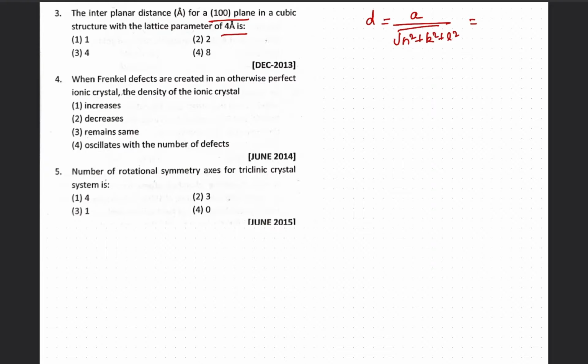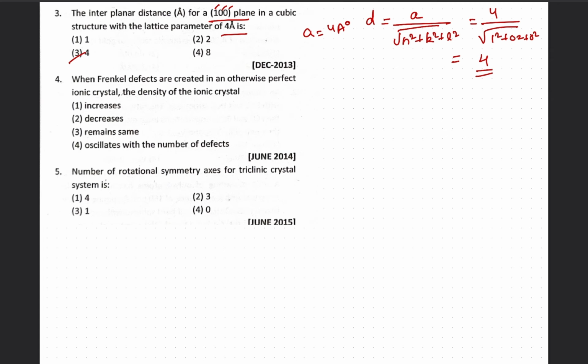Now a value is 4 Angstrom, so we'll put here 4. This is Miller index hkl, so this is 1 square, 0 square, 0 square, so the answer will be 4. Okay, 3 will be the correct answer.